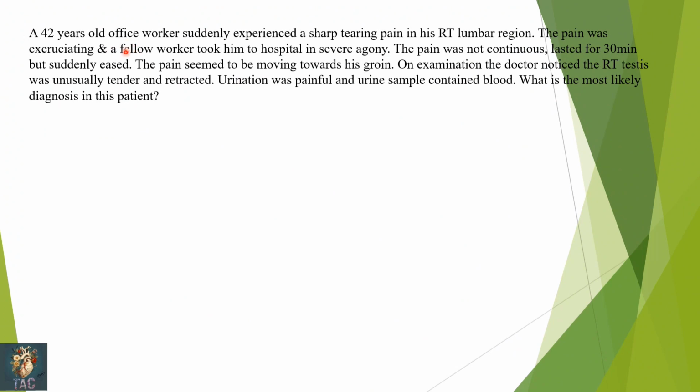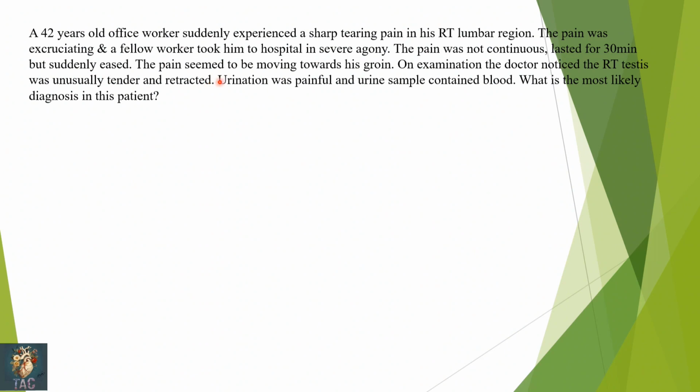Next is a 42-year-old office worker who suddenly experienced a sharp tearing pain in his right lumbar region. The pain was excruciating and a fellow worker took him to hospital in severe agony. So look at the region, this is the right lumbar region. The pain was not continuous, lasted for 30 minutes but suddenly eased.